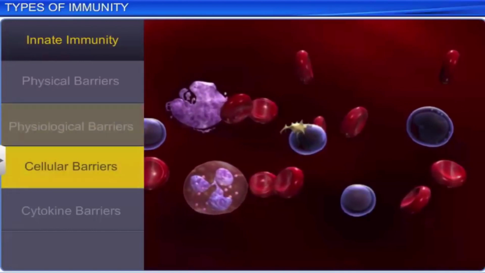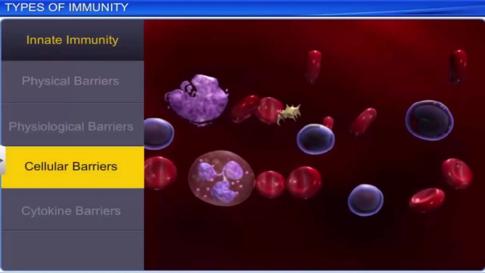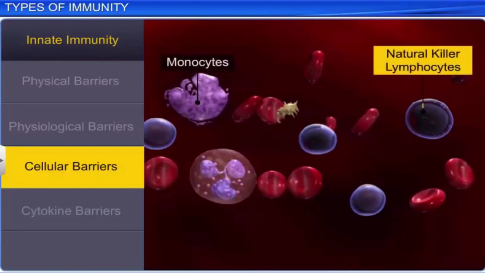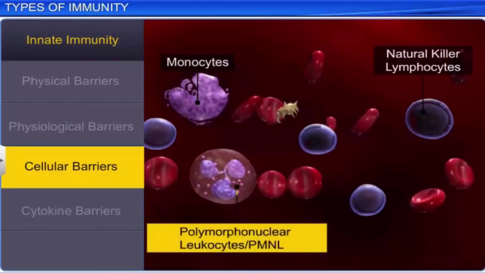Our body also has certain types of leukocytes or white blood cells or WBCs, such as monocytes, natural killer lymphocytes, and polymorphonuclear leukocytes, also known as PMNL neutrophils, in the blood.